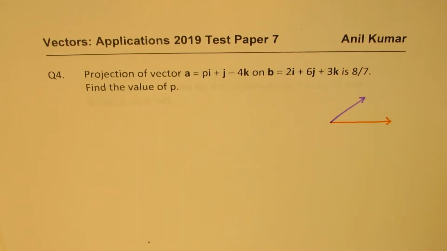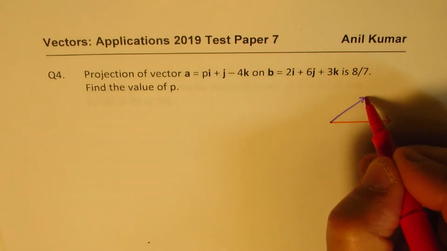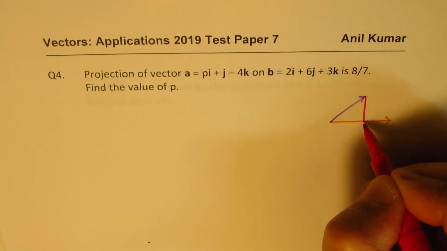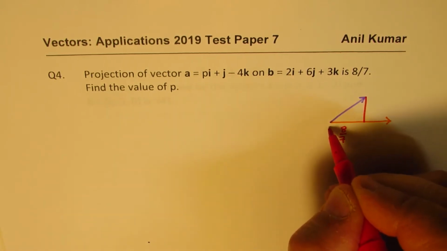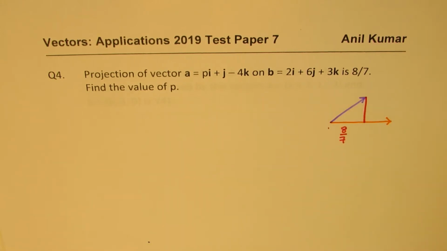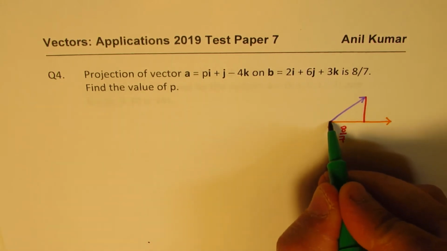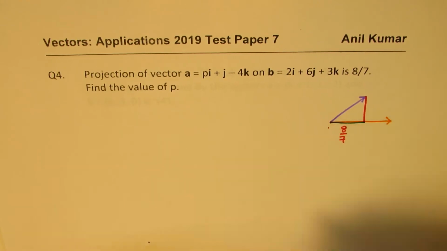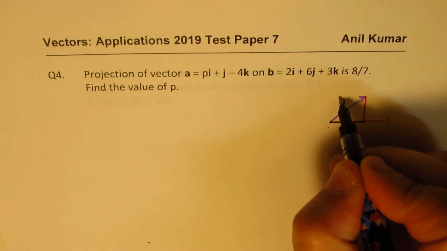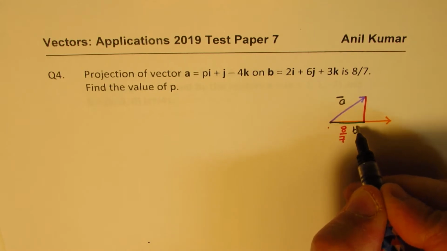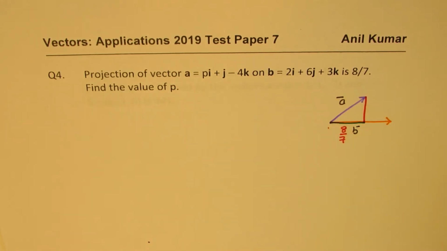In that case, the projection of vector A on B is given to us as 8 over 7, right? So this is the projection, which is the distance from this point to this point, correct? So we'll consider that to be the vector A and this to be vector B to solve the question.